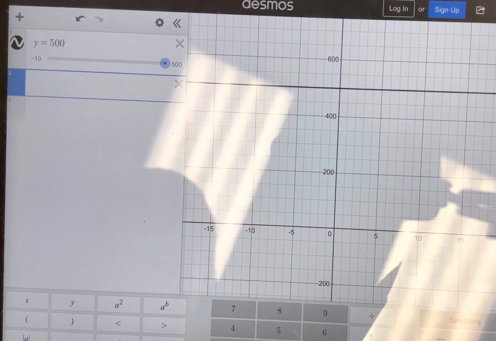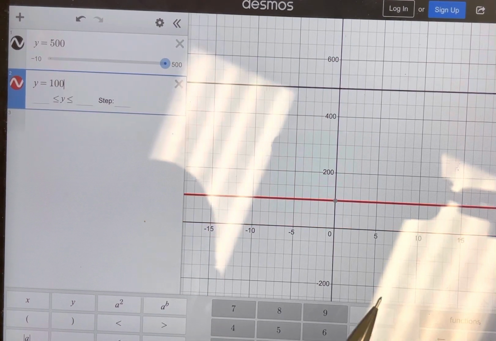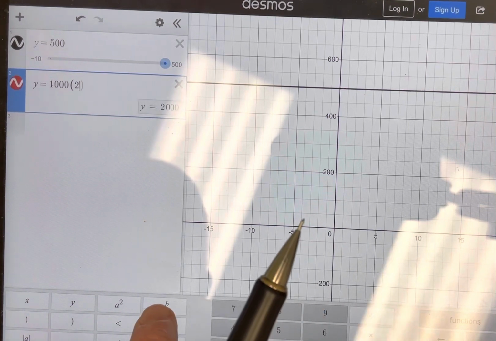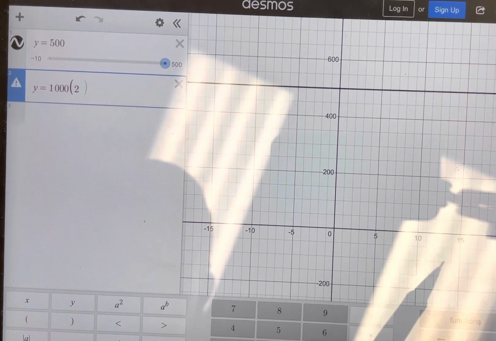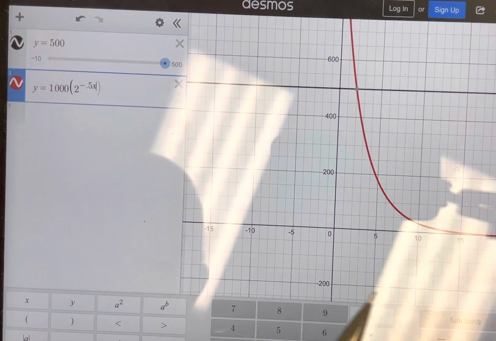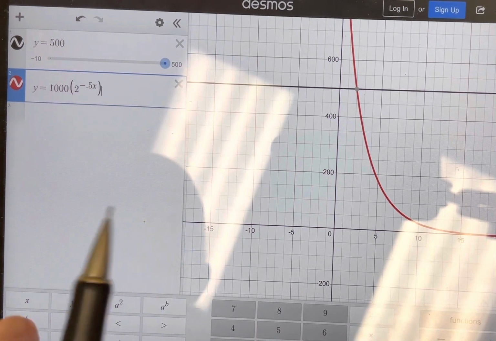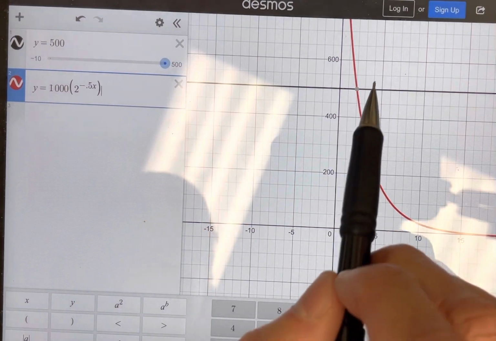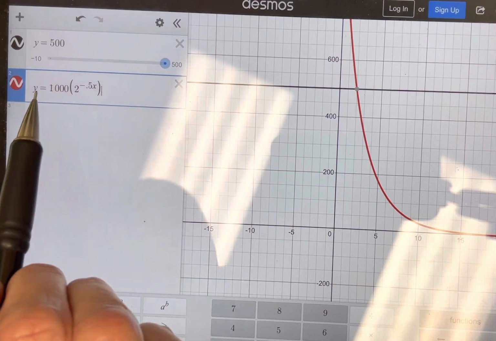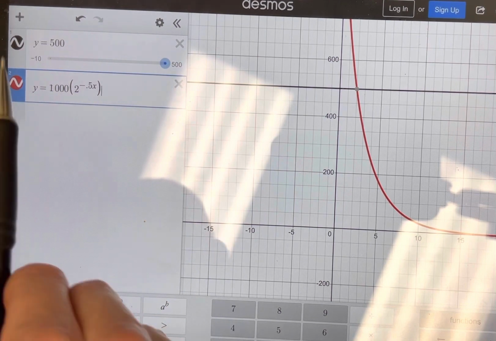And my right side is Y equals 1,000, open parenthesis, 2 raised to the negative 0.5x. And again, I'll close my parenthesis. And my graph shows it pretty quickly. The right side, this exponential function, is in red.